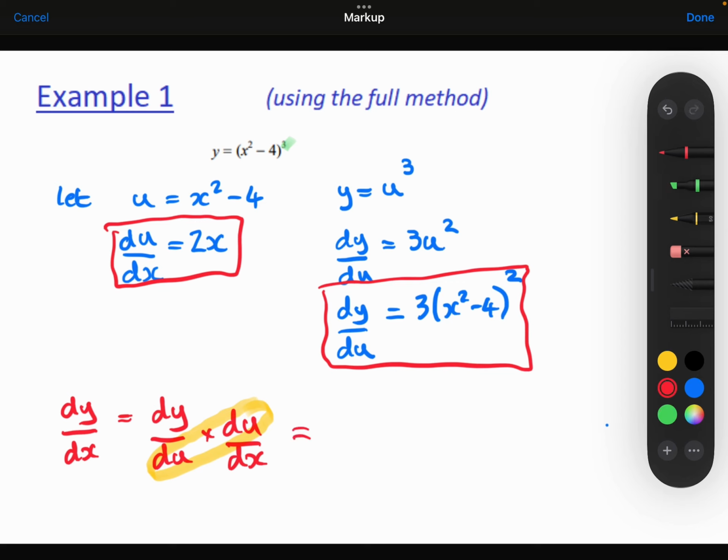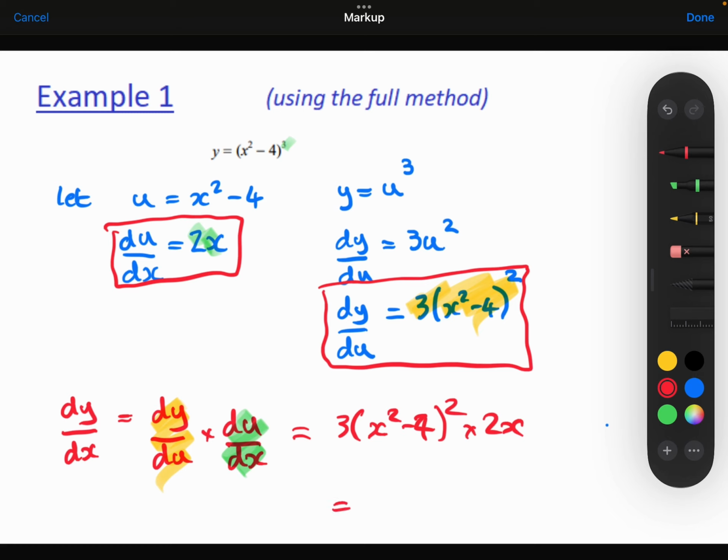The dy by du, that's the 3 lots of x squared minus 4 all squared. So that's me just replacing this with this. The du by dx is this, so I'm going to times that by 2x.